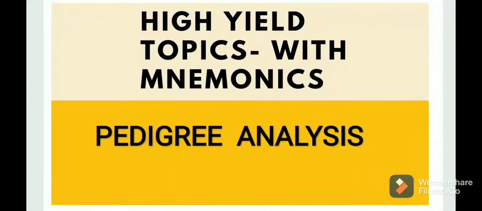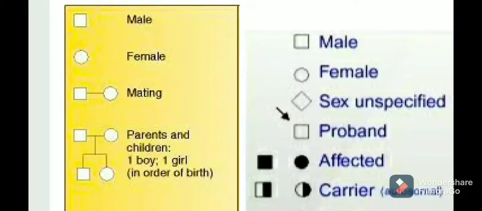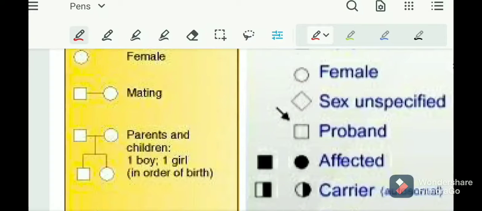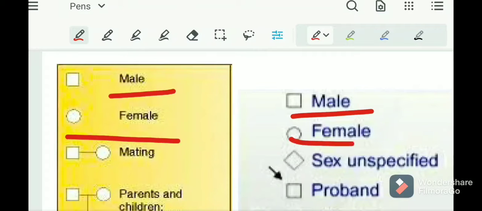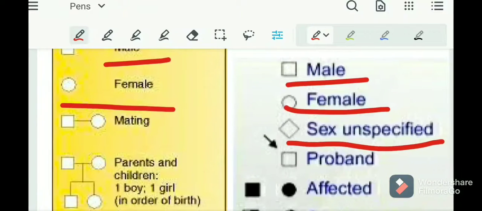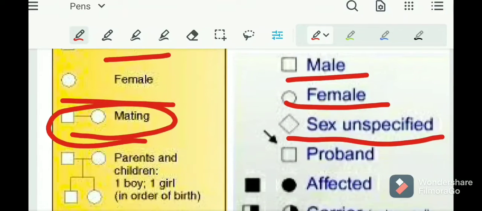Okay, so let's start. First let's see the common symbols used in the pedigree charts. The square denotes male, the circle denotes female and the rhomboid shape denotes sex unspecified. Now this is for mating.